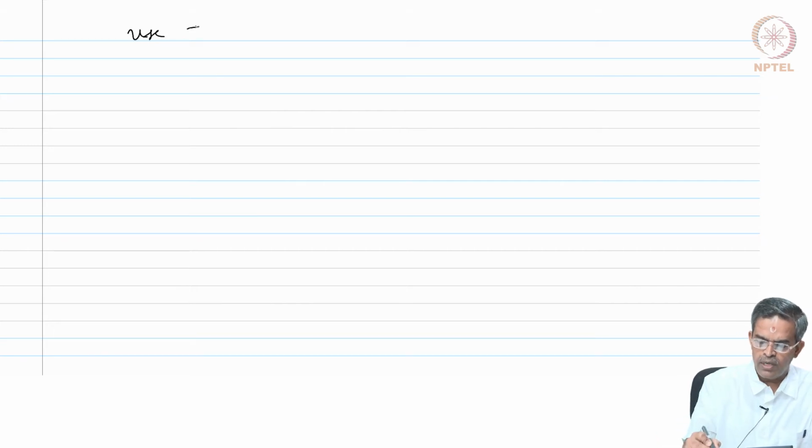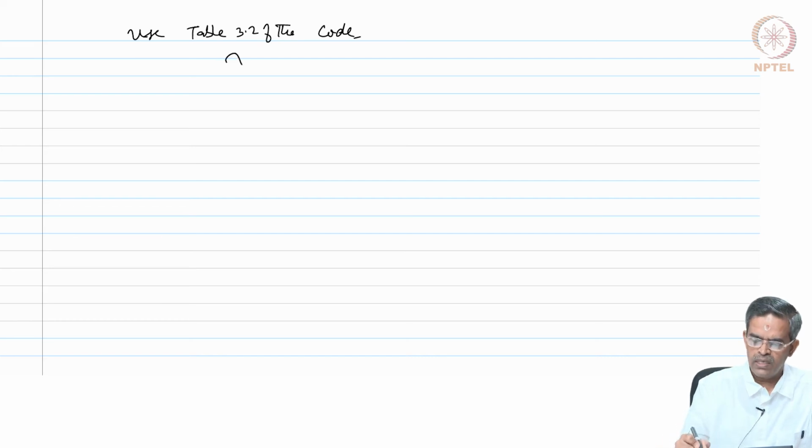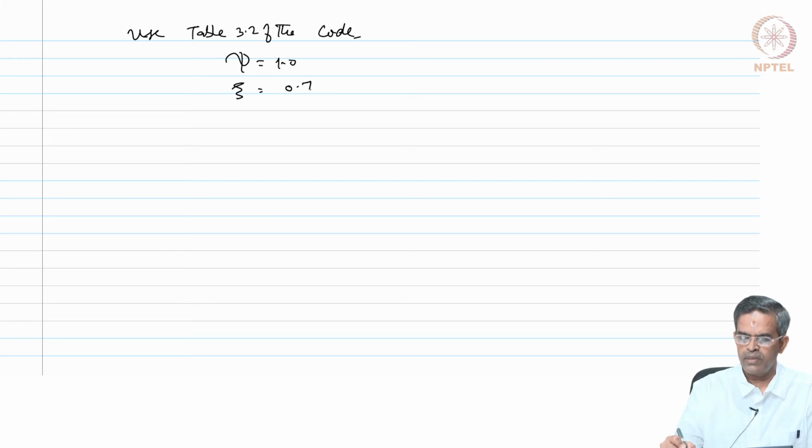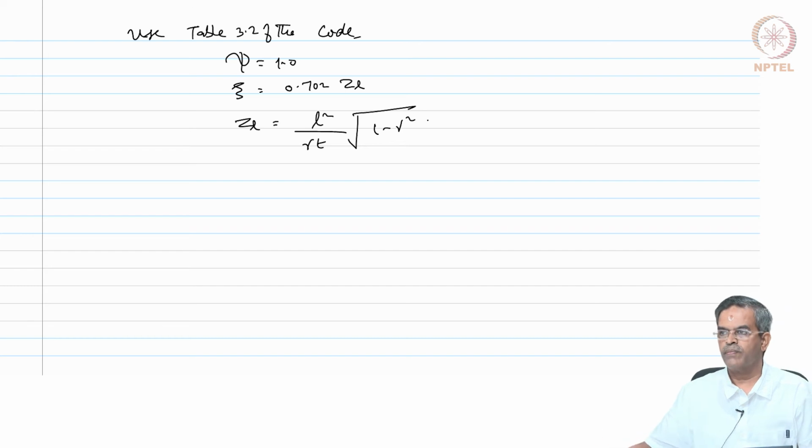We use table 3.2 of the code and we say psi is unity and zeta is 0.702 ZL, where ZL is L square by RT root of 1 minus mu square.